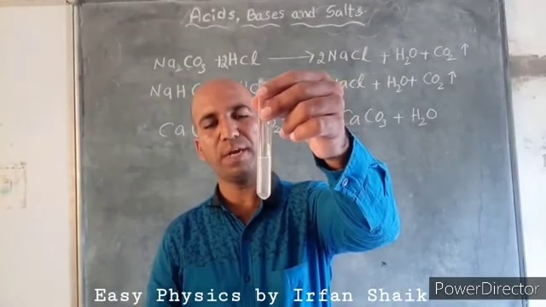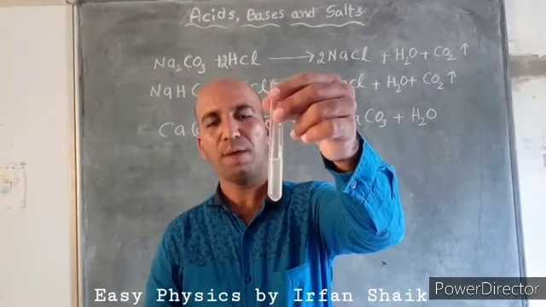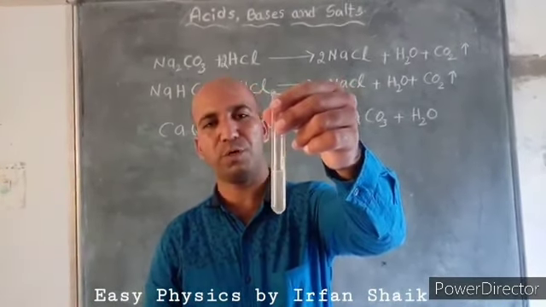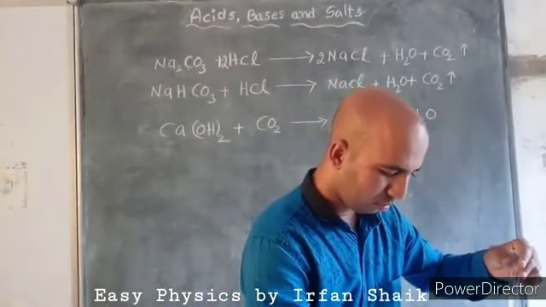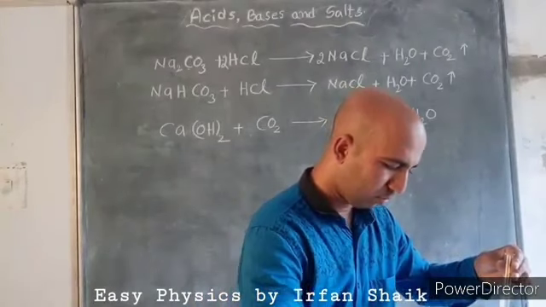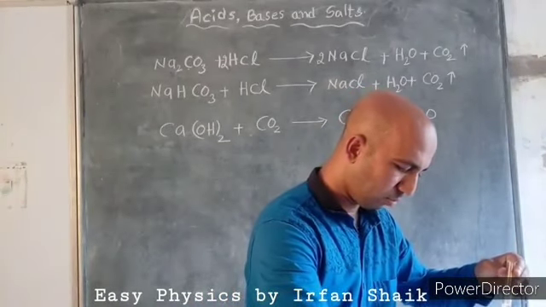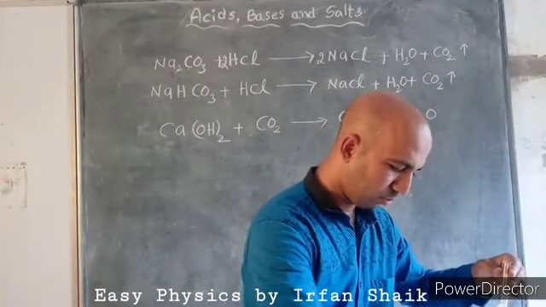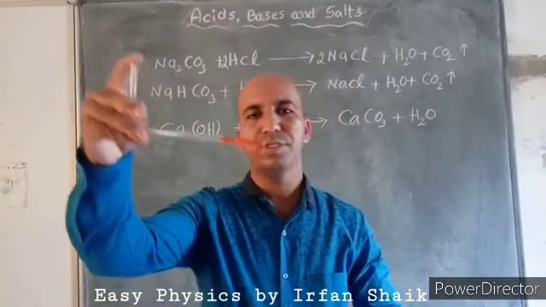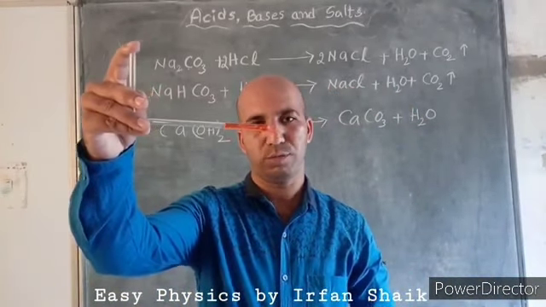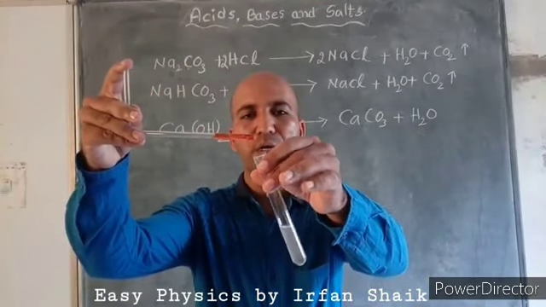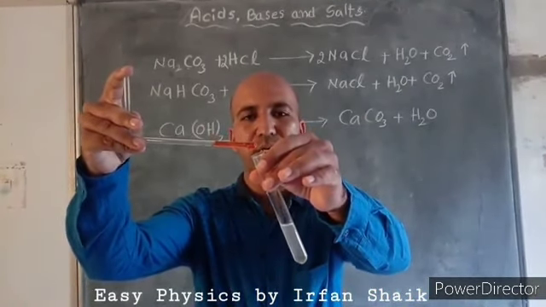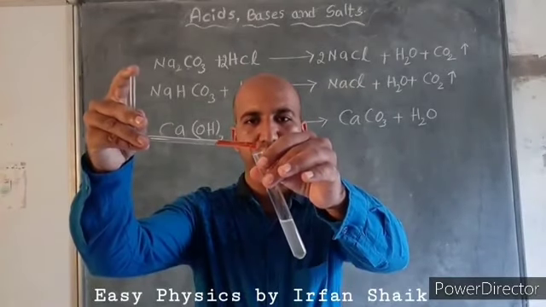To this sodium hydroxide, now I am going to add a few drops of methyl orange. So this is the methyl orange solution. Now I am going to add this methyl orange solution to this sodium hydroxide solution, that is the base.